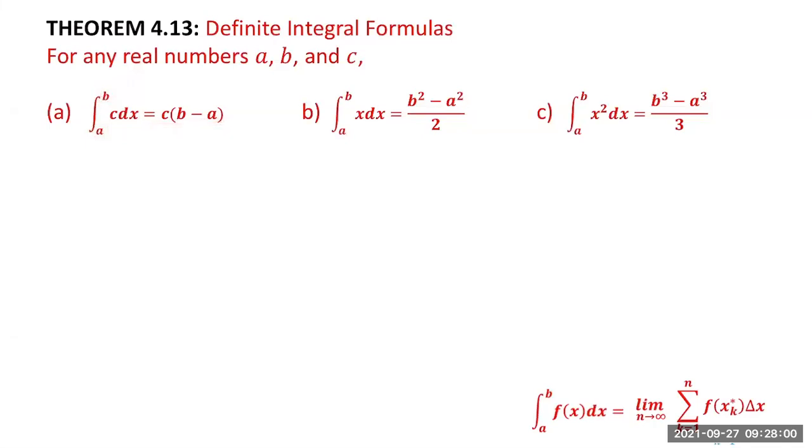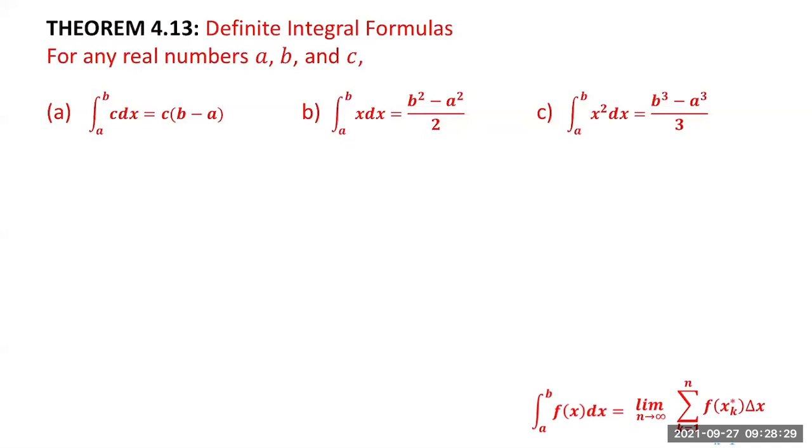The second part, the definite integral of x, your function is x this time, from a to b is b squared minus a squared divided by 2. Part C, the definite integral of x squared from a to b is equal to b cubed minus a cubed divided by 3. Okay, I'm not going to prove all these formulas, but I'll prove one of them.